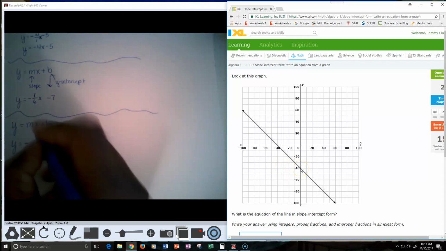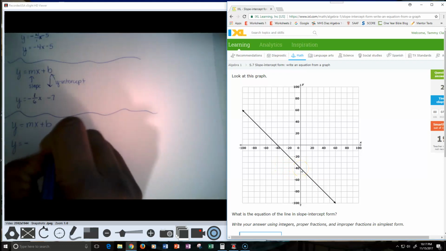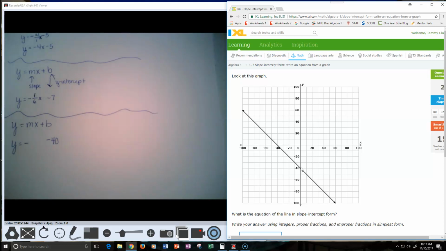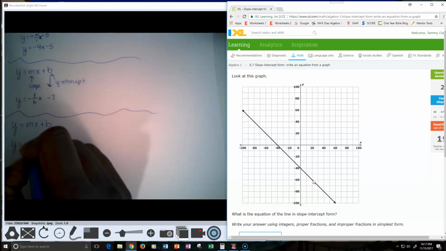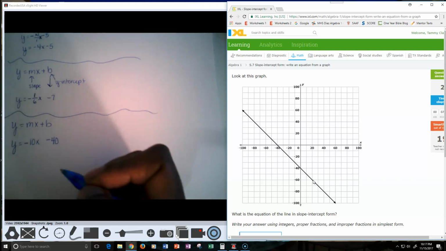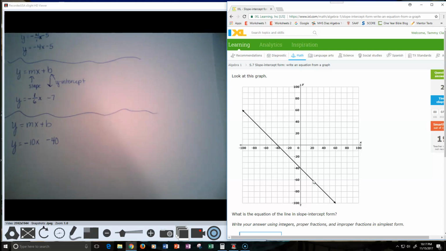It is -40. So we're going to start at -40, and let's count down 1 over 1, down 1 over 1. So then we could say that our slope is -10x minus 40.